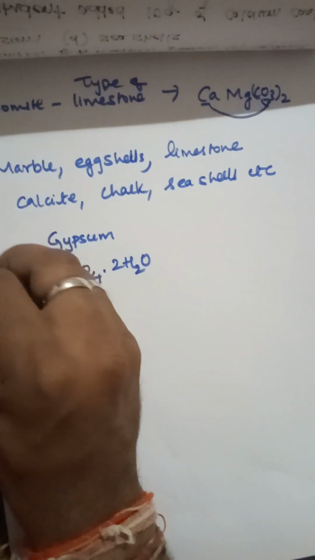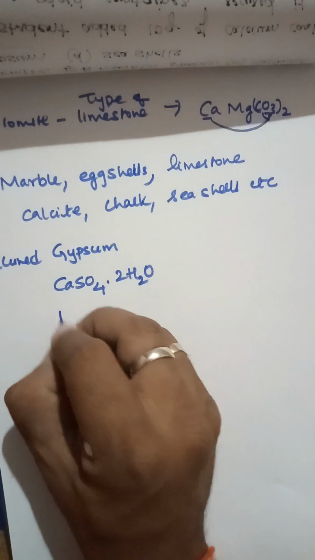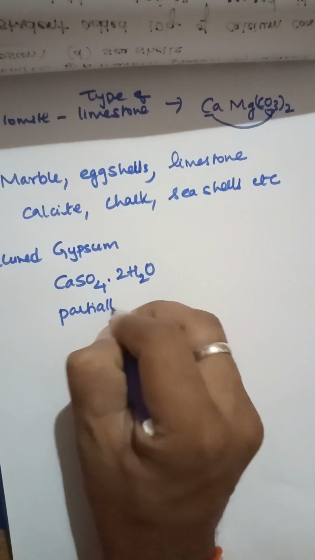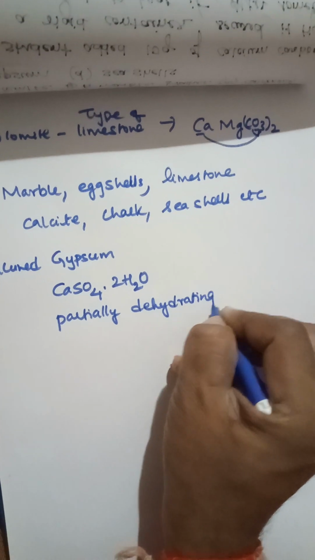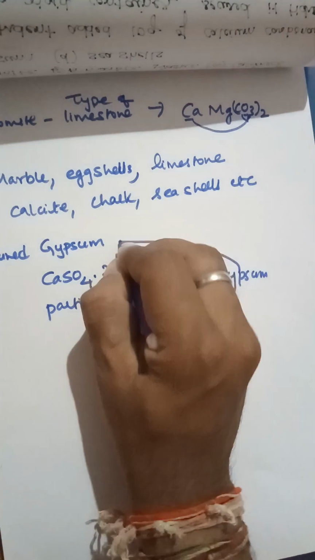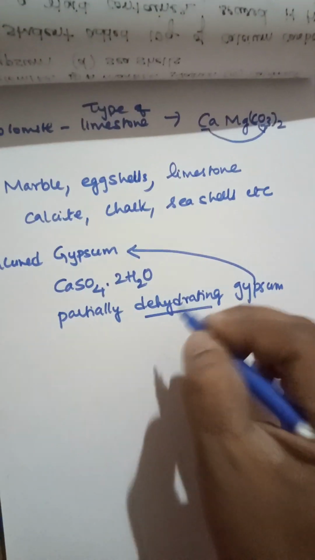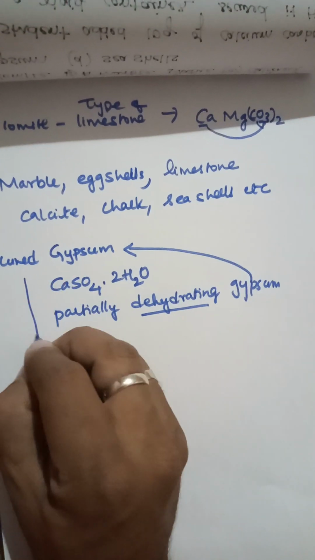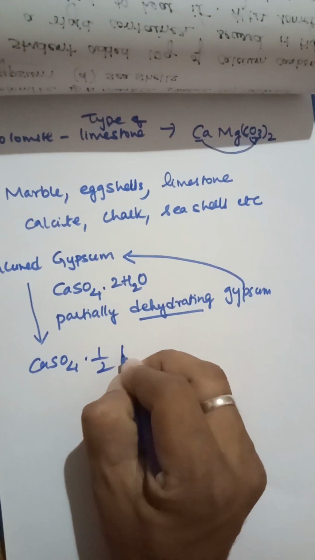Now what is calcined gypsum? Calcined gypsum is obtained by partially dehydrating gypsum. Dehydrating means you remove the water content, and calcined gypsum is CaSO4.½H2O.